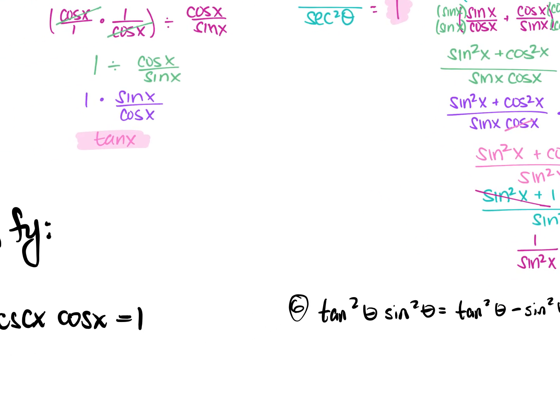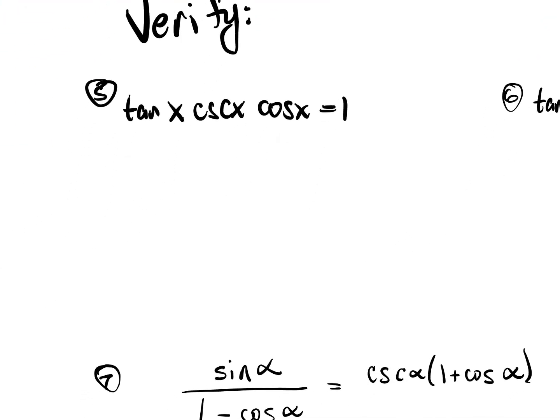The next part that you're going to look at, you are verifying. So with number 5, you have tangent x times cosecant x times cosine x is equal to 1. If you rewrite this in terms of sine and cosine, that tangent x is what? Sine x over cosine x.